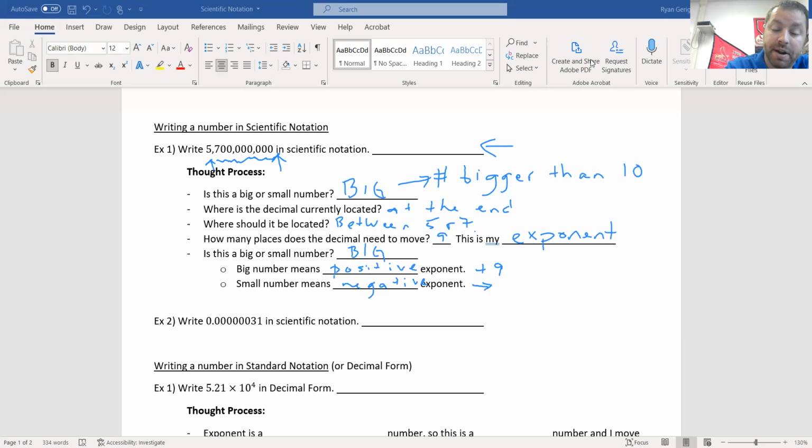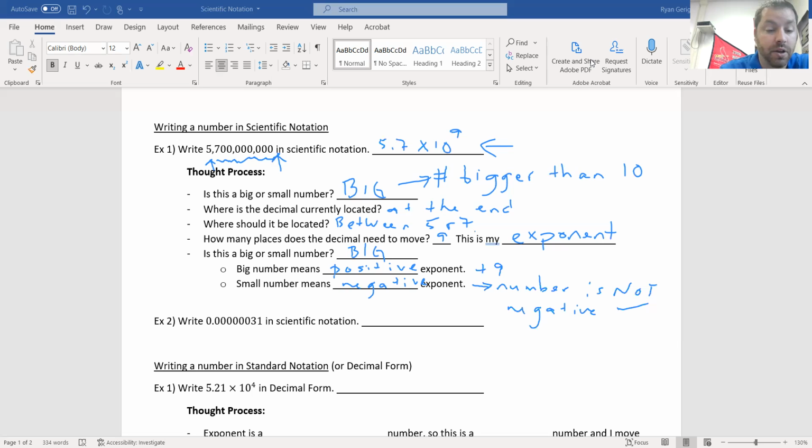I want to make sure I point this out right now: a negative exponent does not make the number negative. The number is not negative, it's just small. The exponent's negative, but that doesn't mean the number itself is negative. So let's answer this question. We need to move the decimal 9 spots, and it needs to be between the 5 and the 7. So 5.7 times 10 to the positive 9th.